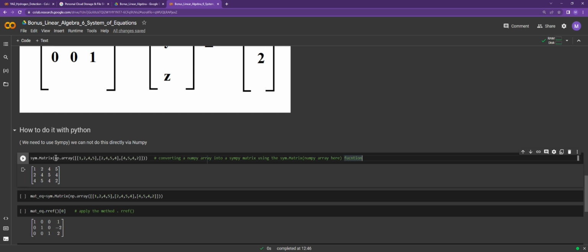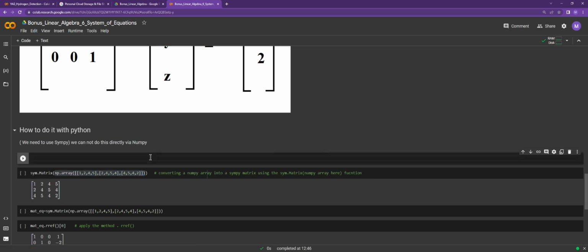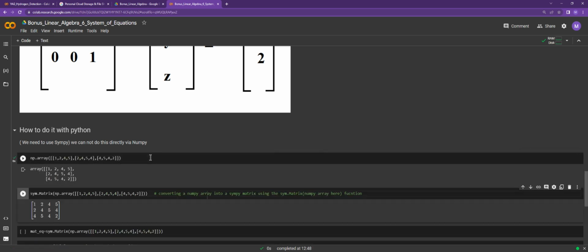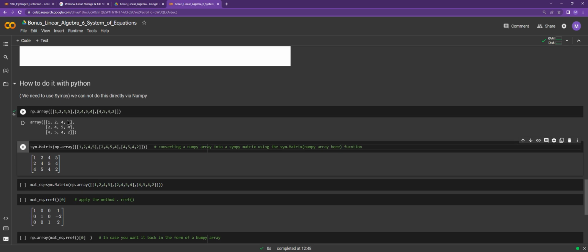If we look at this at the moment, this is our matrix in NumPy form. We are using the sympy.Matrix function to convert the NumPy array format into a SymPy format matrix.